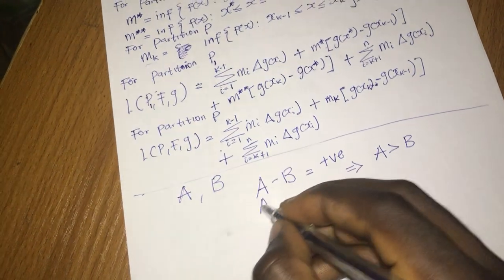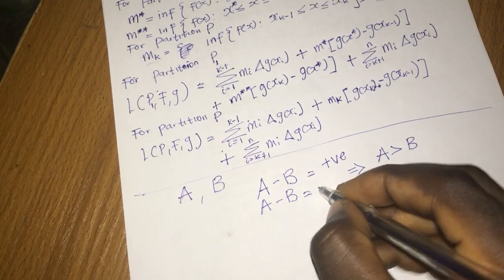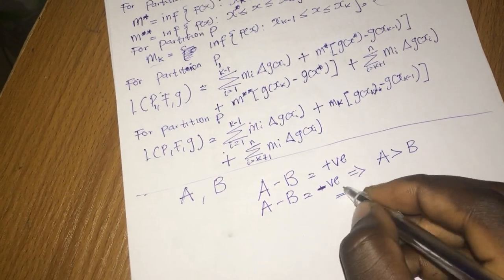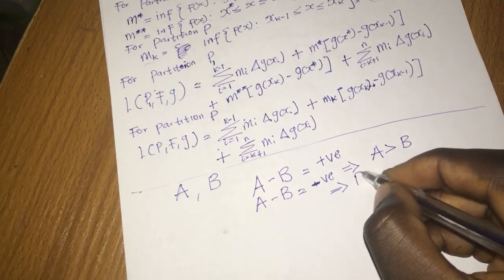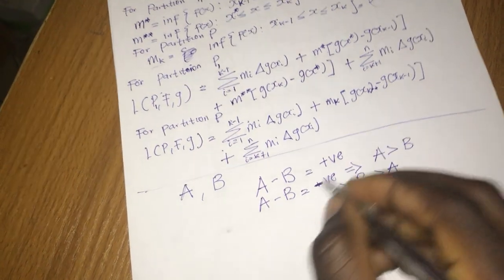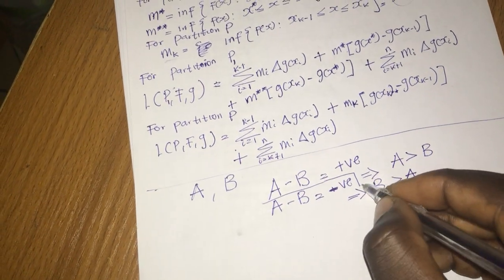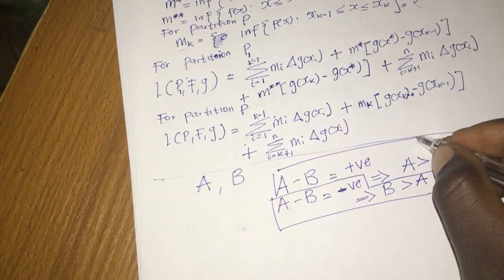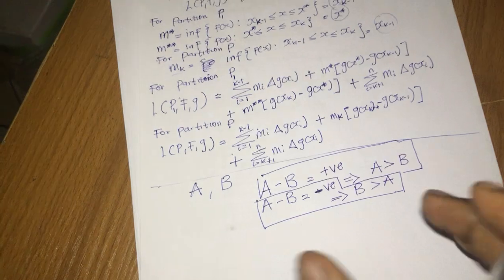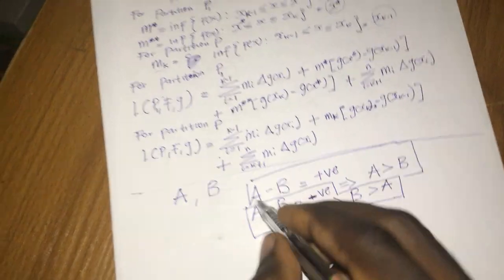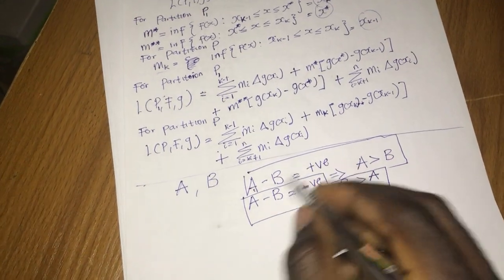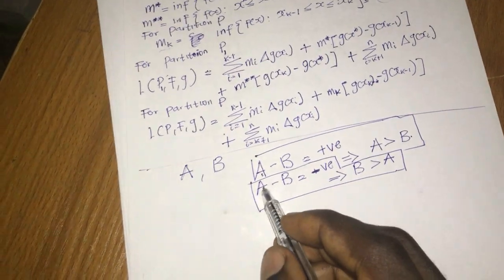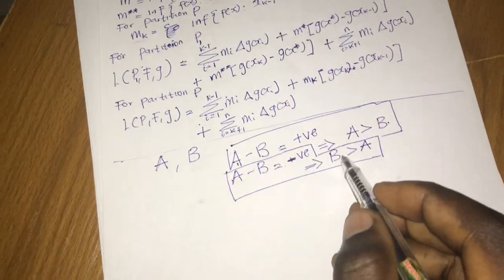But if you do a minus b and you're having a negative number, this implies that b is greater than what? A. Do you get it? Just a simple assumption. If a minus b is positive, it shows that a is greater than b. Very correct. But if a minus b is negative, it shows that b is greater.